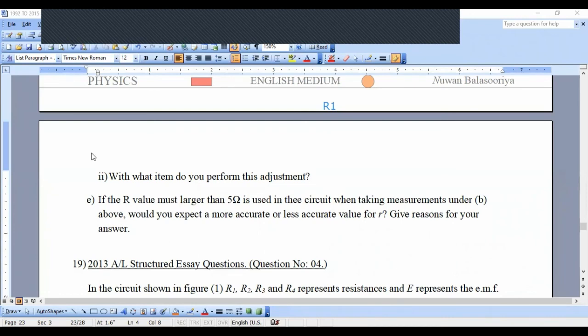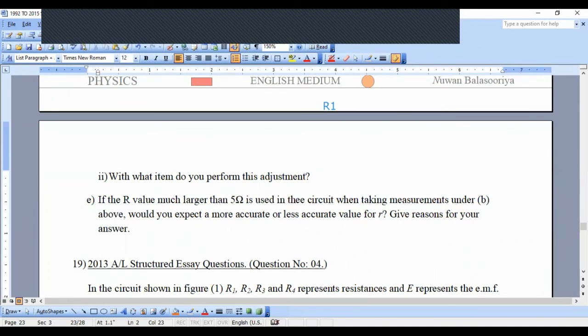What's the question? If an R value much larger than 5 ohm, that's a typing mistake, not "must", "much larger than".